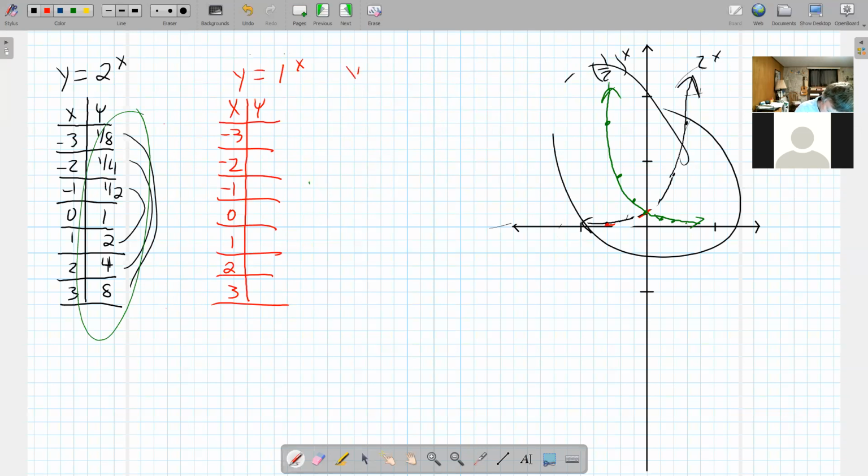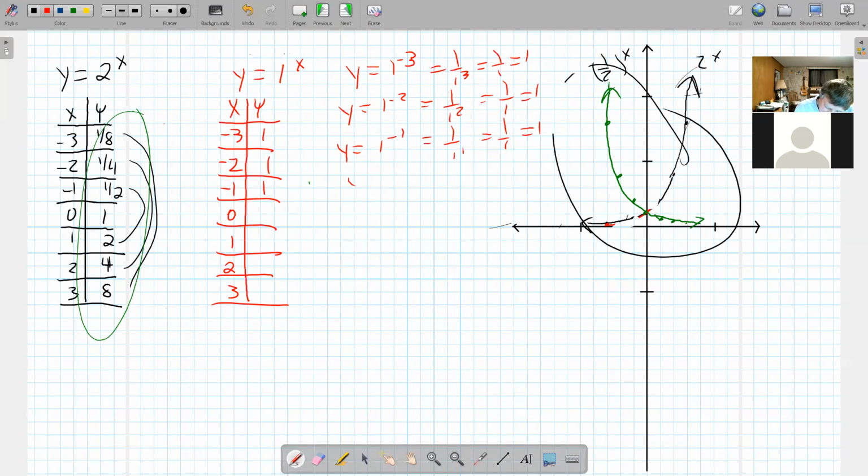If x is -3, y equals 1 to the -3 power, which would be 1 over 1 to the 3rd power, which would be 1 over 1, which is 1. If x is -2, y equals 1 to the -2 power, which is 1 over 1 to the +2 power, which is 1 over 1, which is 1. If x is -1, y equals 1 to the -1 power, which is 1 over 1 to the 1 power, which is 1 over 1, which is 1.